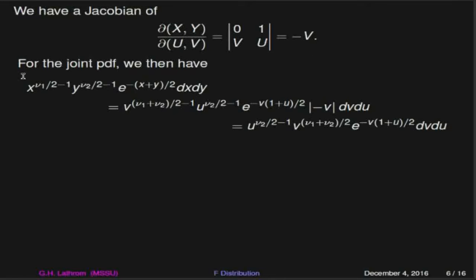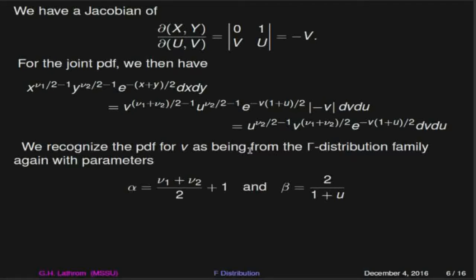And so if we look at the joint PDF, so here's our joint PDF in terms of x and y. We make the substitution, multiply by the Jacobian, do some simplification, and we end up with an expression that looks like this.